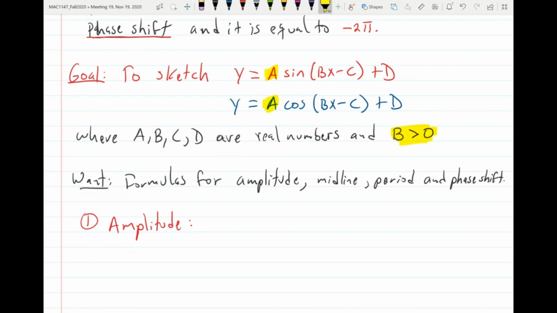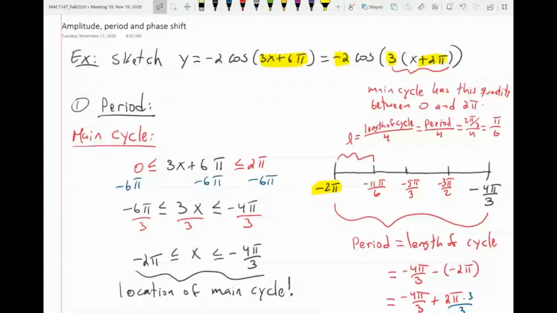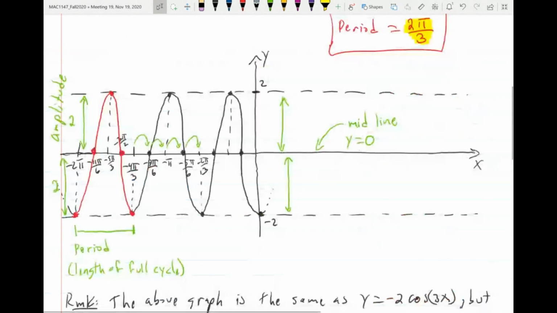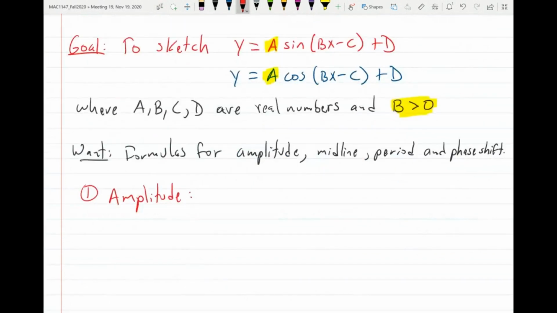Remember, in our example, we were multiplying by -2, and the amplitude was +2, because it's just a distance between the midline and the highest or lowest point. So the amplitude is the absolute value of A, and it will tell you how wide your graph is going to be. Do you understand this?